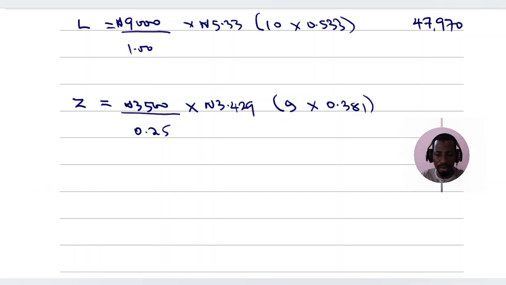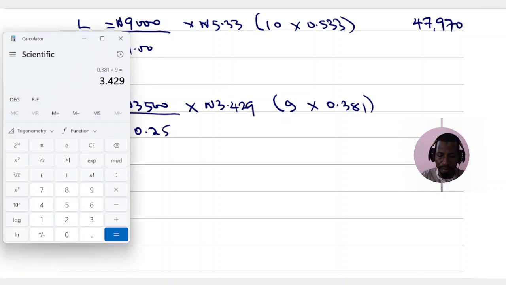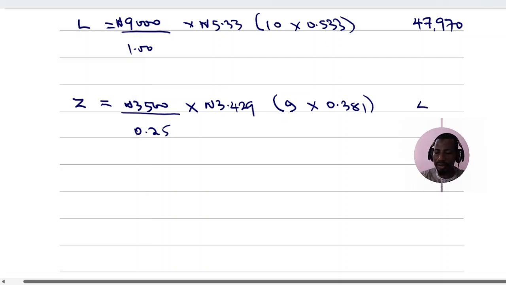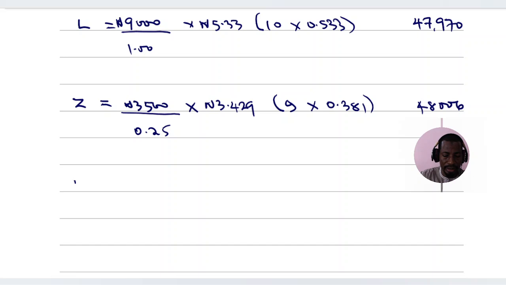Can just round it to 3.43. Multiply by 35 divided by 0.25 equals 48,006. Here is 48,006. The last one for the proxy company is Nile.